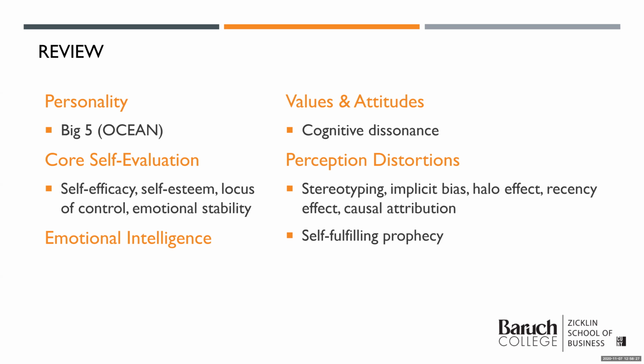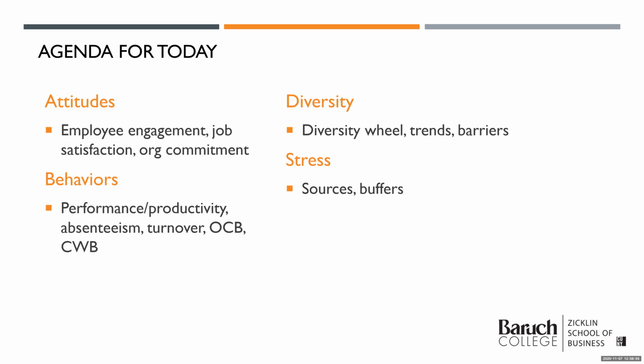Values and attitudes also differ among people, and we're going to talk about that more in this section of the lecture, but that impacts performance. And of course, we talked about ways in which a person's perceptions are distorted through things like stereotyping, implicit bias, halo effect, etc. These are also going to impact performance.